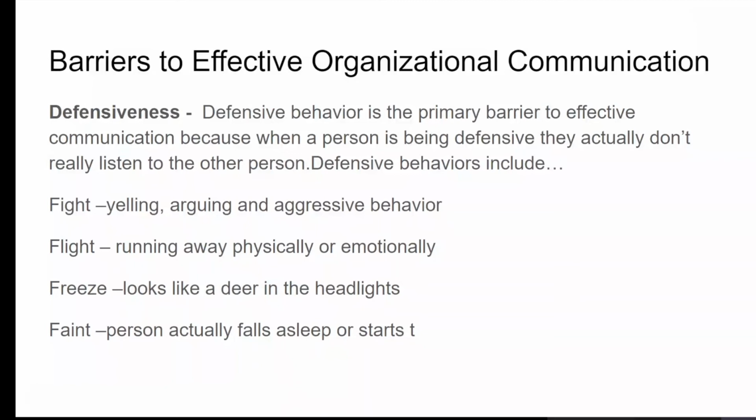So when people get defensive, they either have their back up against the wall and they fight and don't want to hear anything, and the communication system falls apart, or they ignore it in some way, either by running away physically or emotionally, freezing up, or just fainting. Neither one of those is effective for resolving the communication difficulties.